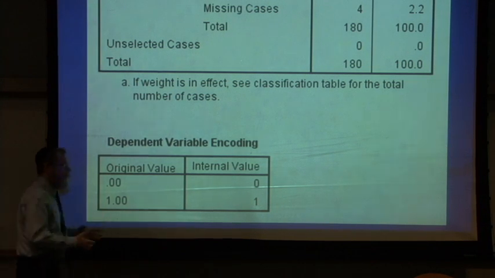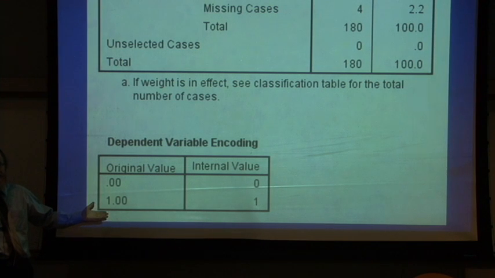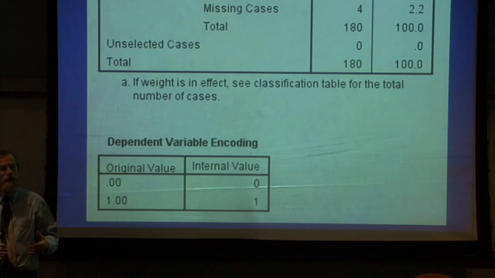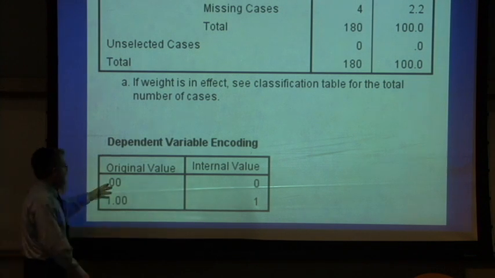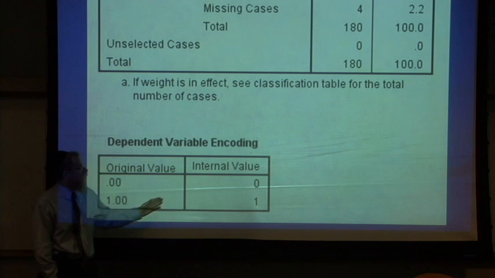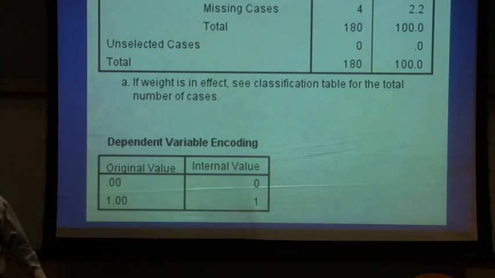If your variable was hard-coded to be 0, 1, this is what you get. But if you had a variable where you didn't code a 0, 1, and you had to tell it which is the 0, which is the event category, which one isn't, then the original values might have been 1 and 2, and it got converted to 1 and 0 or something. So you have to look at it.